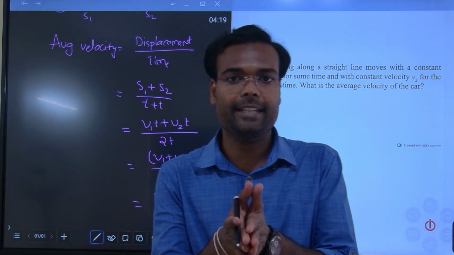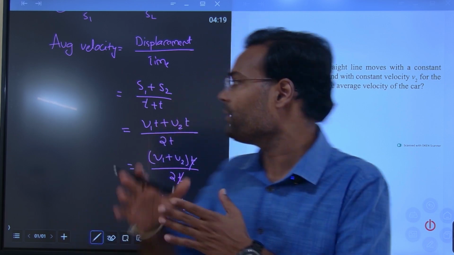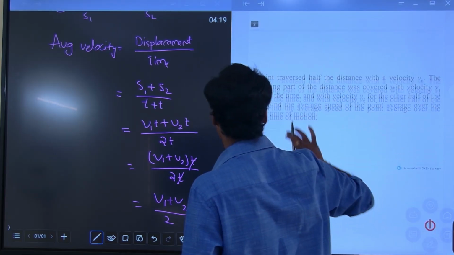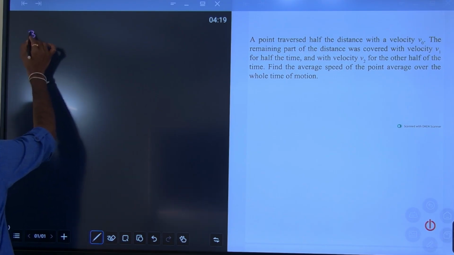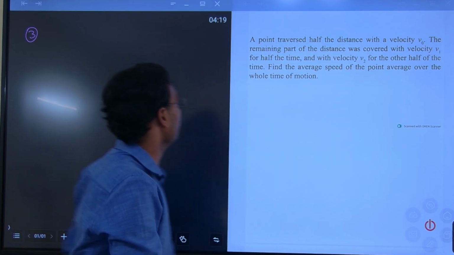And we were discussing one conceptual problem with the same separation to and fro, one conceptual problem with same time interval. Now we will see the third question, which covers both the concepts. See here, a point transfers half the distance with a velocity v naught.